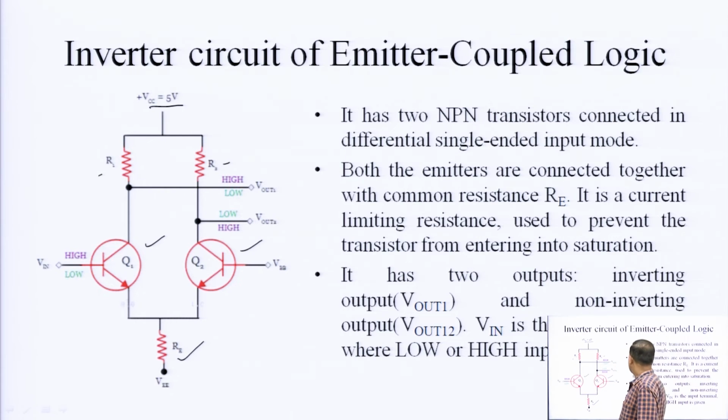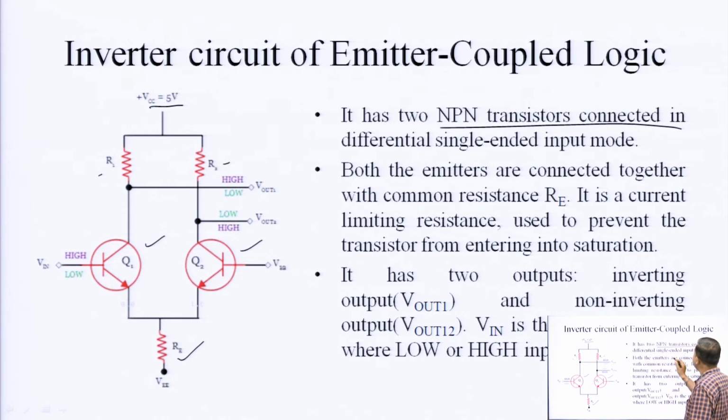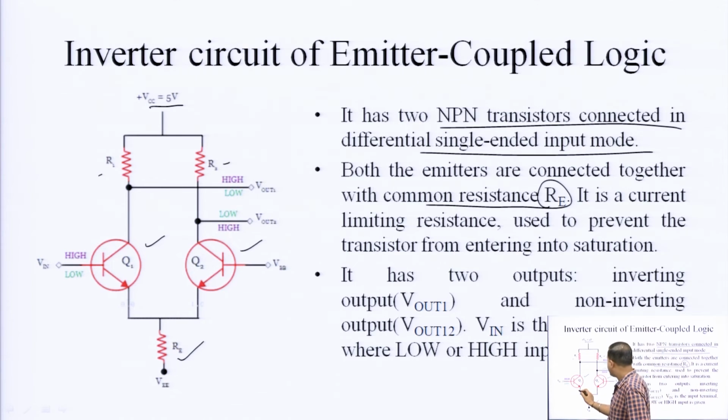So, let us check. It has 2 NPN transistors connected in differential single ended input mode. Both the emitters are connected together with common resistor Re. Here you can see that the emitter of Q1 and emitter of Q2 are connected with Re.